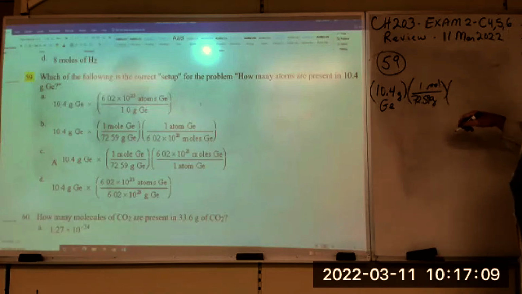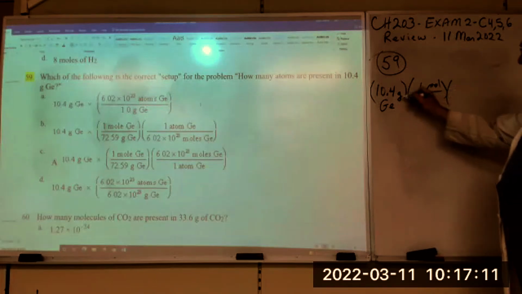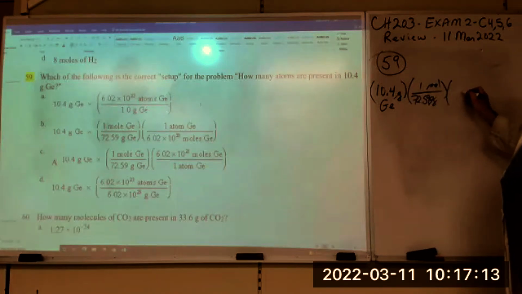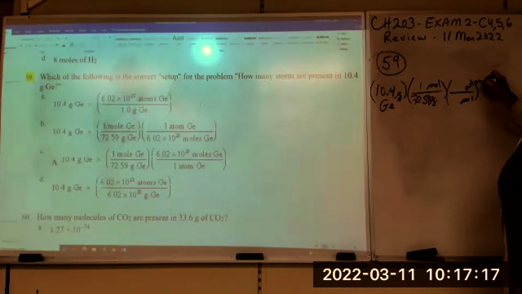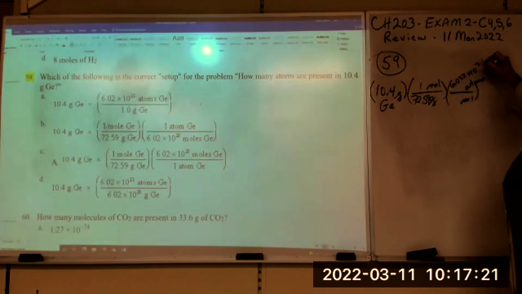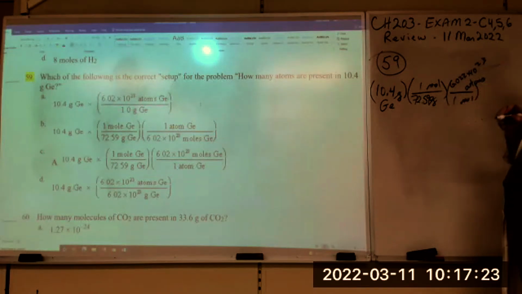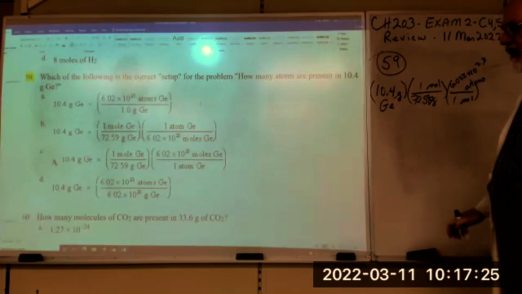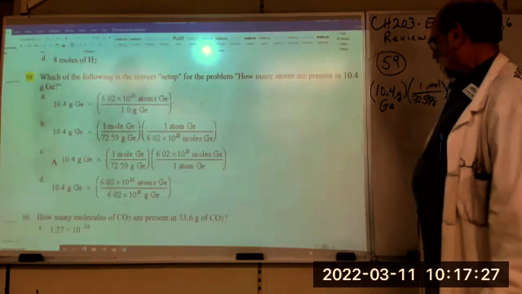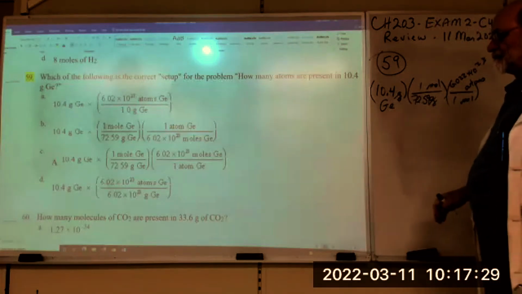And then we need to change moles to atoms. So we need Avogadro's number. There we go. Now, the way they've got it set up, it may not be linear like this.